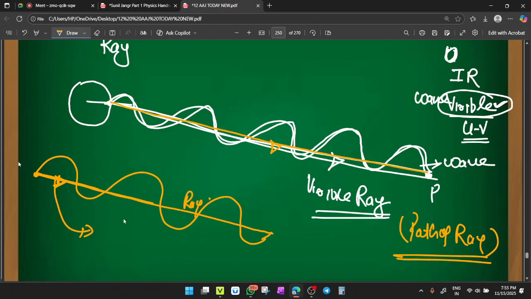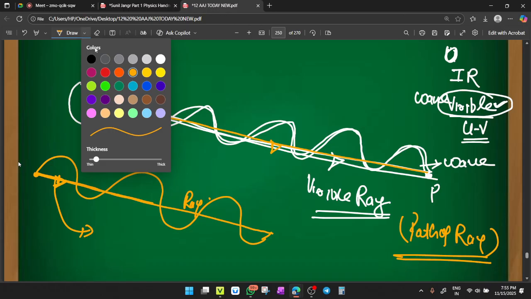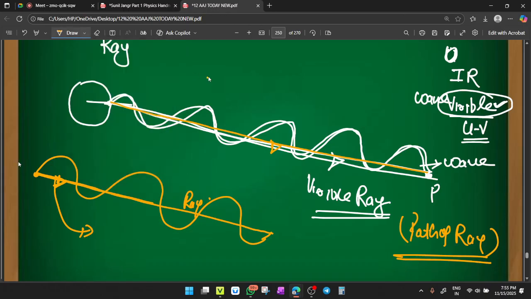But now we have to study the pattern in which the wave is traveling. We have to discuss the movement of this disturbance in the medium, and the transfer of energy, in which way the energy is transferred from one point to another, and what other phenomena are related to the wave nature of light.